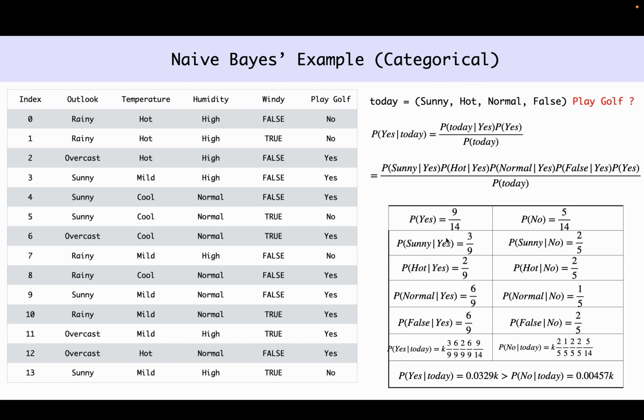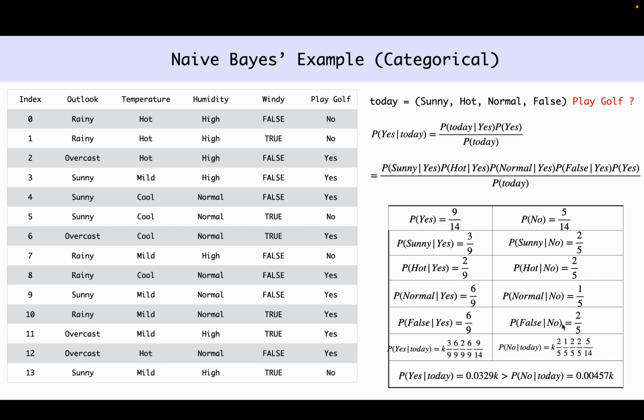For example, whenever the output is yes, we see how many instances had sunny. We had this case, this case second, and also the third case sunny, so there are 3 cases. The total of 9 cases are there for yes, and out of these 3 cases we also have sunny, so the probability is 3 by 9.